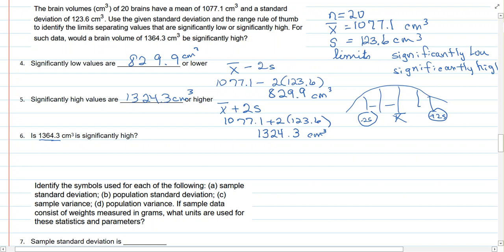Well, we know what our high is. So we compare the listed value to the significantly high value.